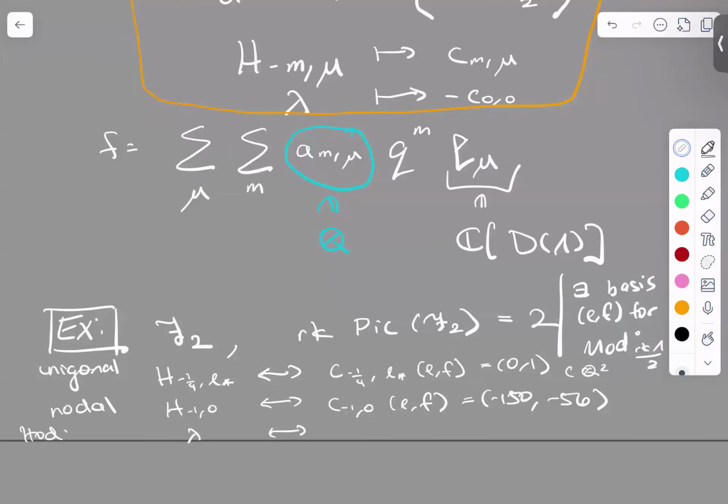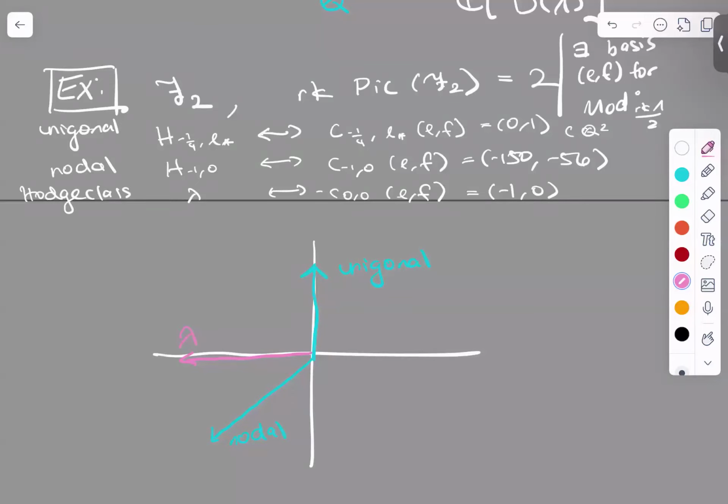It's supposed to correspond to minus C0,0, and if I evaluate that on this EF, I get the vector minus 1, 0. So if I graph this inside of Q2, I get the following picture. Here's this unigonal locus, here's this nodal locus, and here's this Hodge class lambda, just using these coordinates.